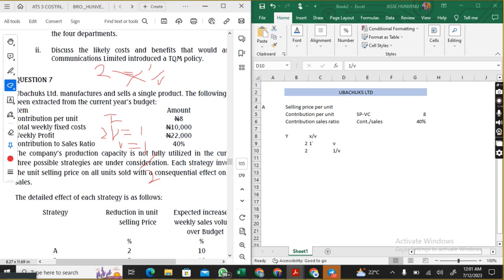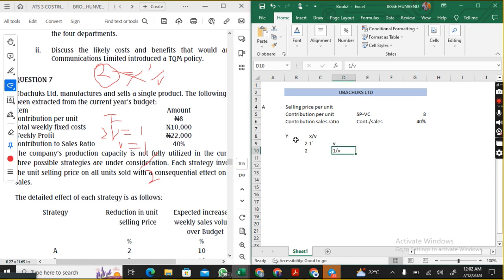And they have given us the contribution to sales ratio already. So since our contribution ratio has been given, which is this 2, we are assuming now, before we divide 1 over V to get our 2. But now that this Y has been given, and we are told to find this V, this V now stands for our sales per unit. The contribution per unit has been given.